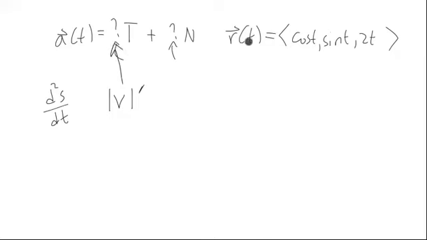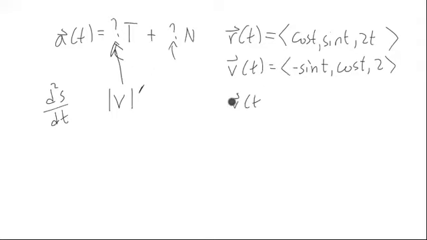So first, let's find v. It's negative sine t, cosine t, 2. All right, next, let's find the absolute value of v right here.